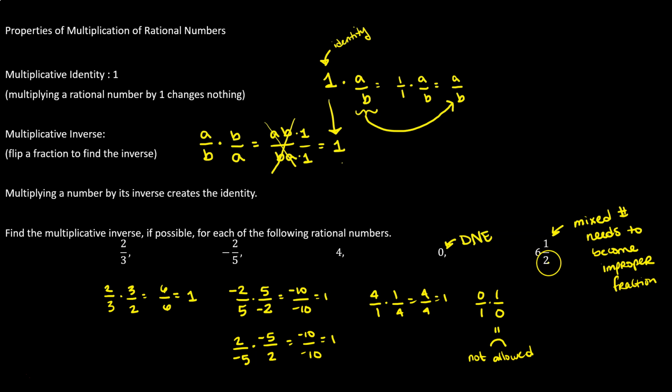So remember, we multiply the denominator to the whole number and then add the numerator. So 2 times 6 plus 1, that's 13 over 2. Now we can flip that upside down to make the multiplicative inverse. 13 times 2 would be 26. 2 times 13 is also 26. So again, we get that identity 1.